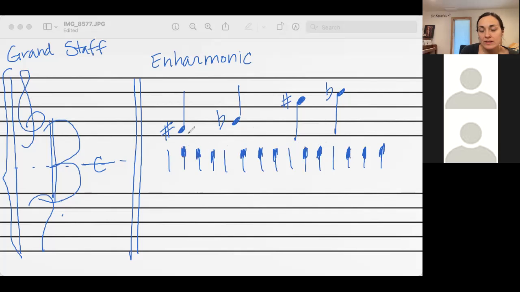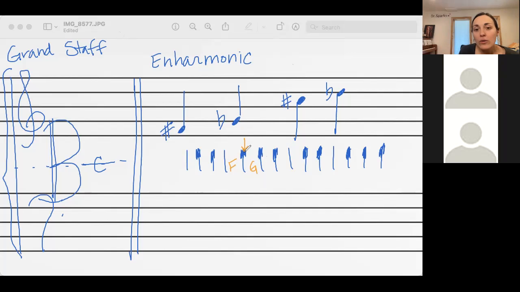Okay, so for example, and I'll get another color here so I can show you. So for example, here's our F sharp right here. Okay, this is F, this is G. Oops, you know what? Let me erase that part, and then that'll be a little bit more clear. There. Okay, so that's F, that's G.